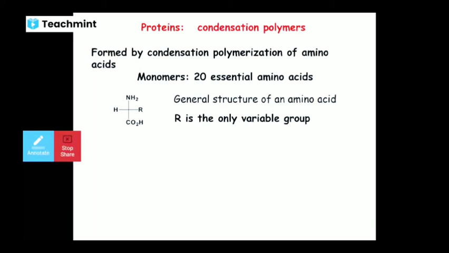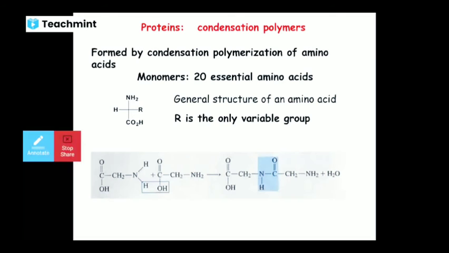R is the only variable group. If R changes, the structure and the polymer of the protein also change. This is a condensation polymerization where water is removed. In any example, the water is removed in the condensation polymer.